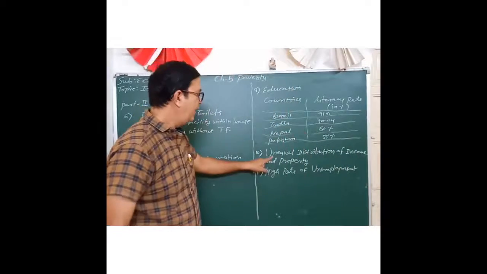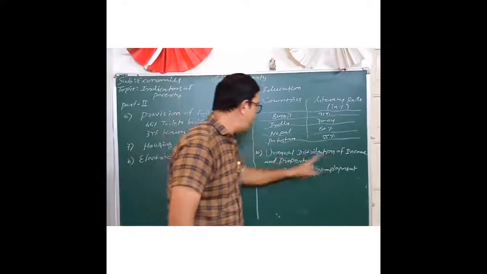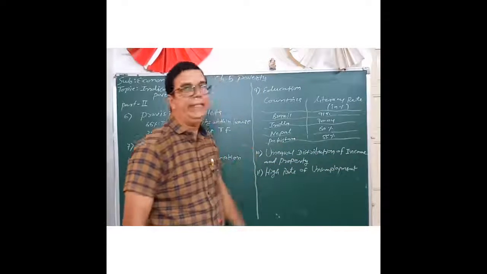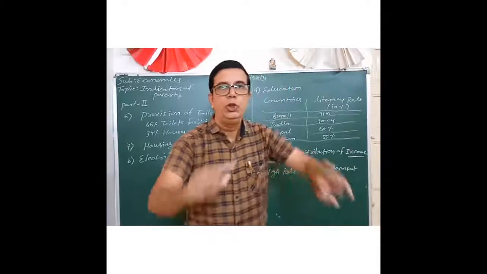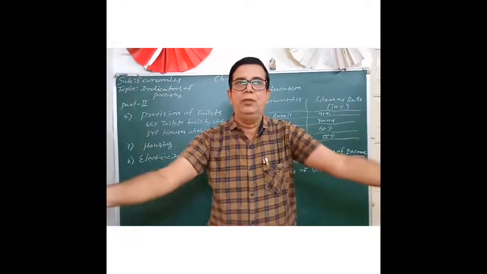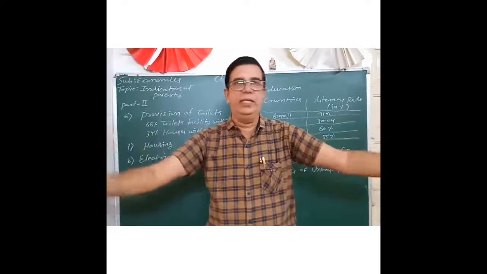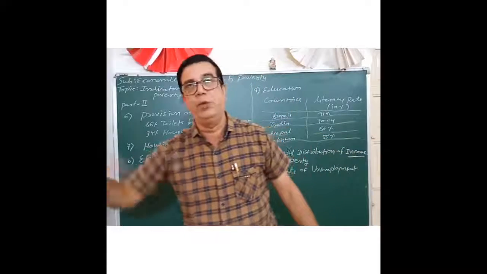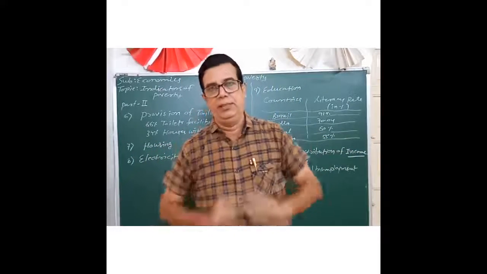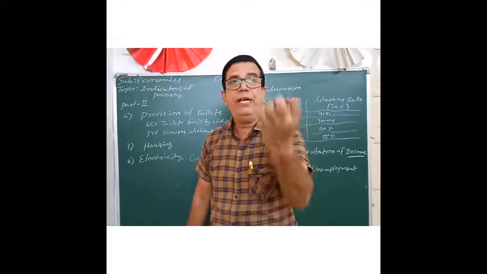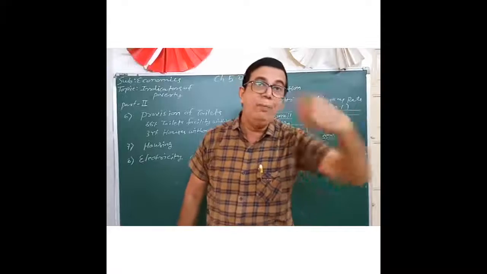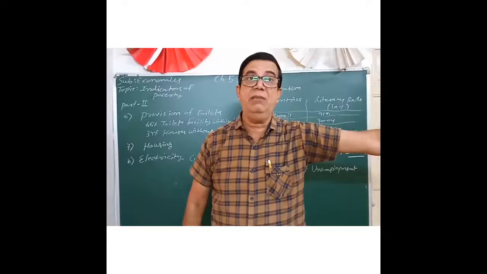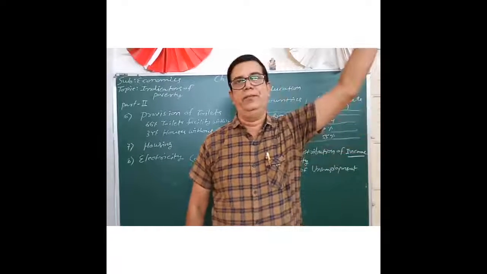After that, unequal distribution of income and property. First we think about income. We divide the total population into 2 parts. One is rich people and the other is poor. Most of the sources of income or factors of production are owned by rich people, and because of that their income is very high.